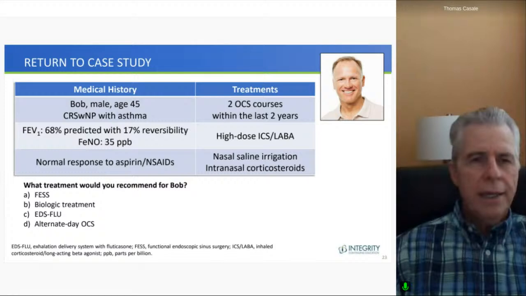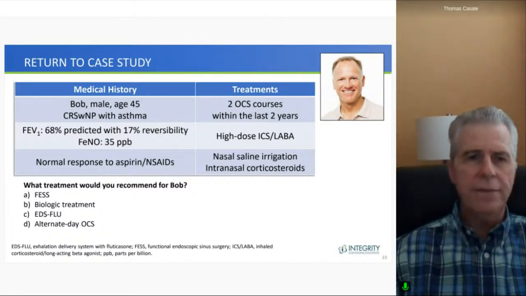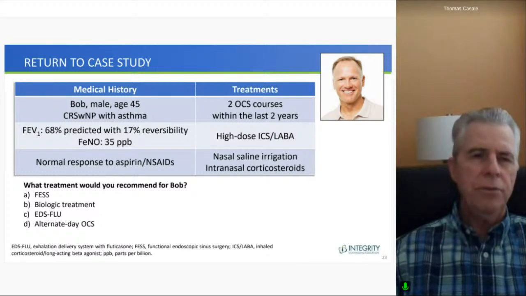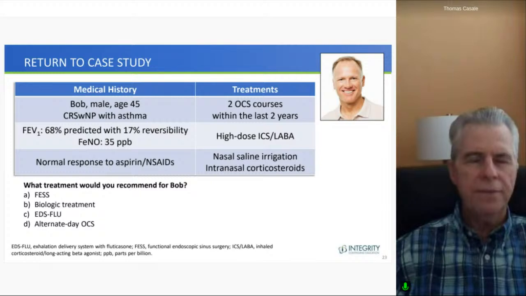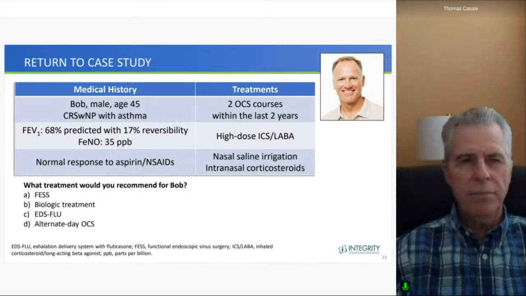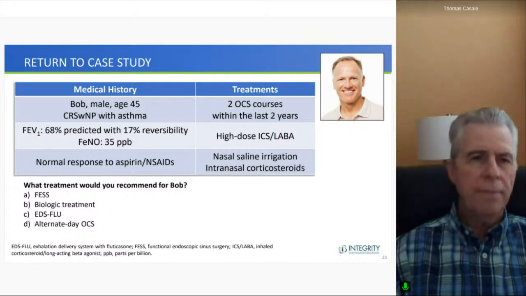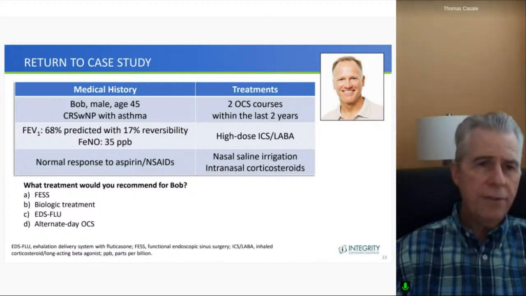Now, if a patient is steroid naive and they have type 2 inflammation and they start taking an inhaled corticosteroid, that FeNO tends to drop pretty dramatically, as does the blood and airway eosinophils.